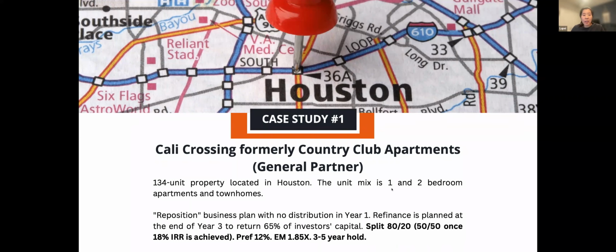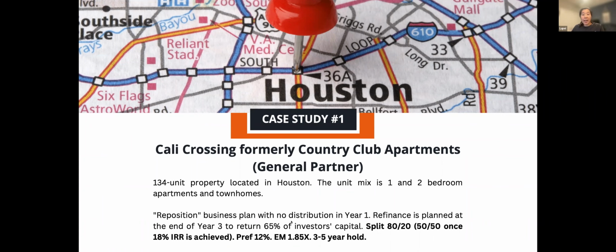The unit mix is 1 and 2 bedrooms, mostly apartments, but there are some townhomes. And in this case, the strategy is reposition, meaning it's a large project when it comes to upgrades and rehab. So as a result, as you can see here, there is no distribution for the first year.